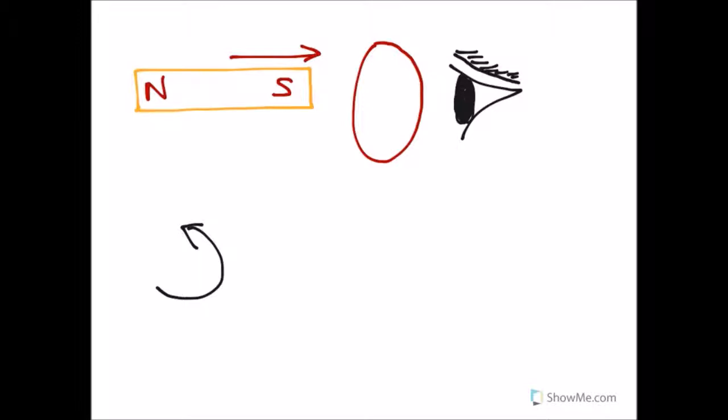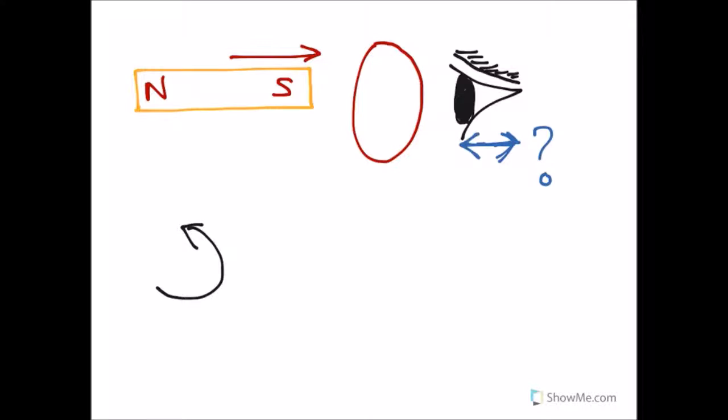We look at a different problem in which the south pole of the bar magnet is moved towards the loop. So we need to predict the direction of the current from this side. What will be the direction of current if we look at the loop from this side?